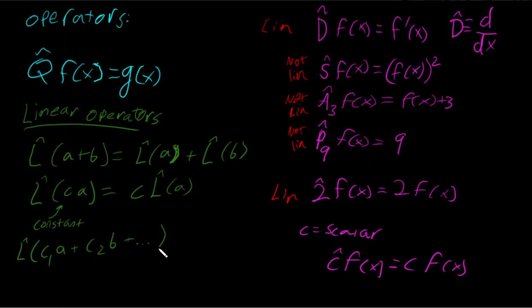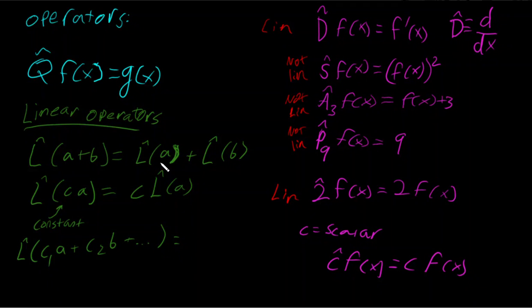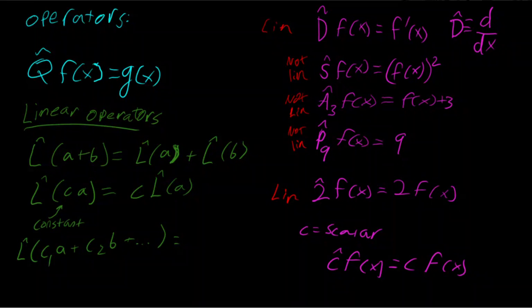You can have as many terms as you want. This is true with 2, but if you think about L hat on A plus B plus C, hopefully you can see why this would also be L hat on A plus L hat on B plus L hat on C. I could prove that too, but I don't think that's extremely important. It should be pretty obvious that this will work with more than one.